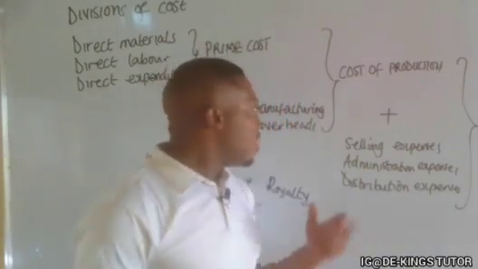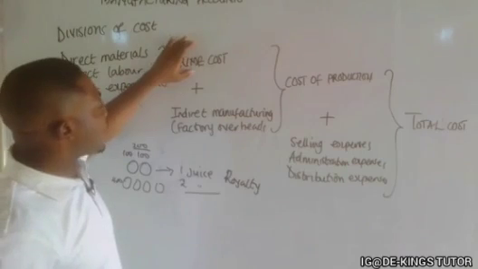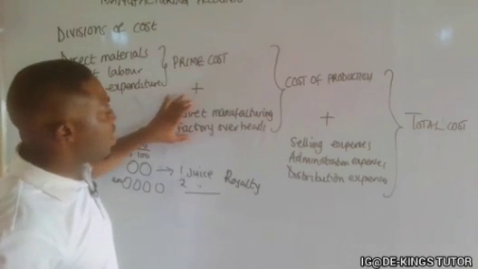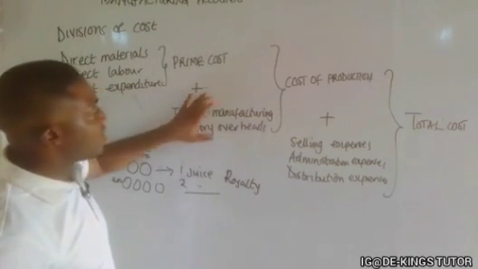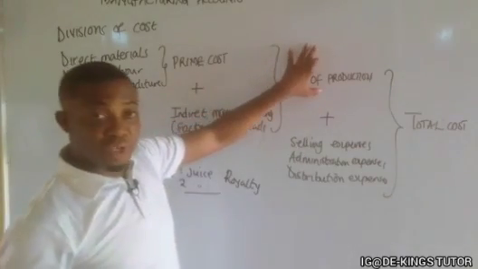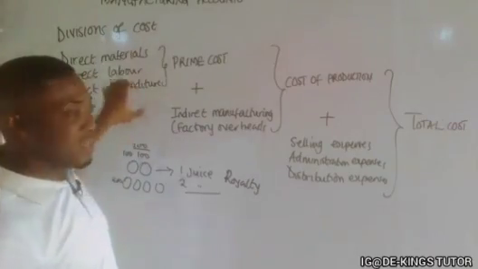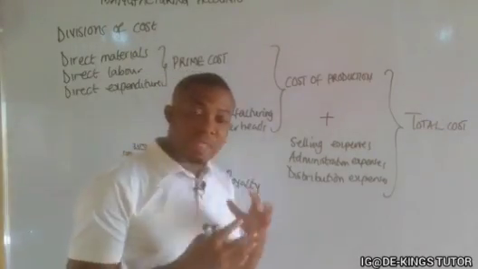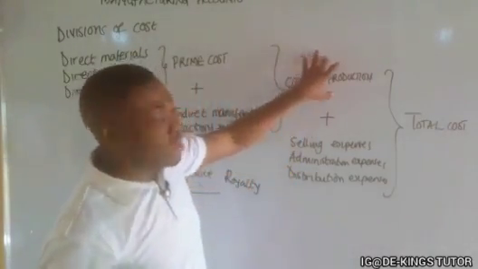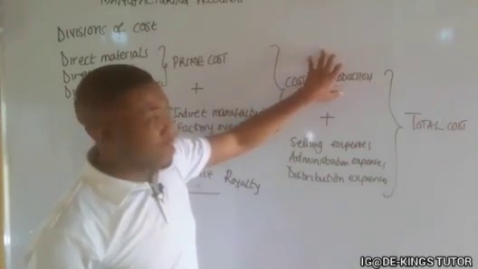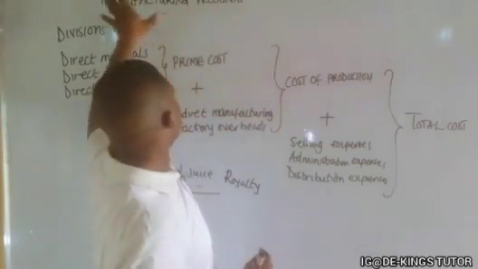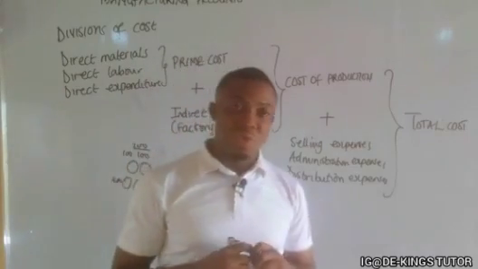Okay? So, adding the prime cost plus indirect expenses gives the cost of production. The prime cost plus the indirect. That means all direct material plus indirect expenditure gives what we call the cost of production, which is the essence of the manufacturing account. Okay?